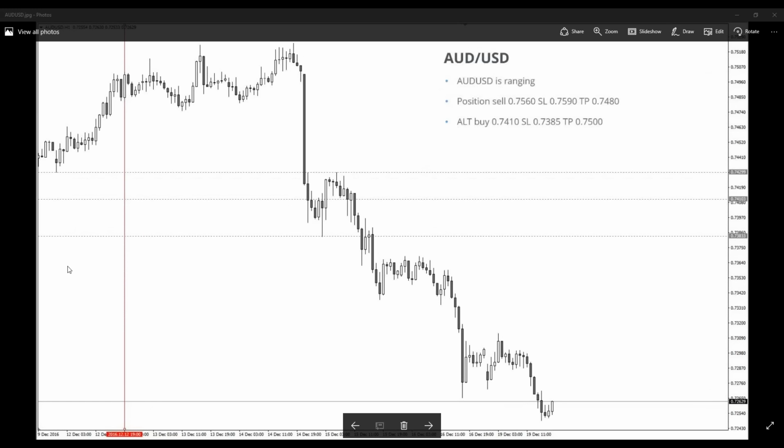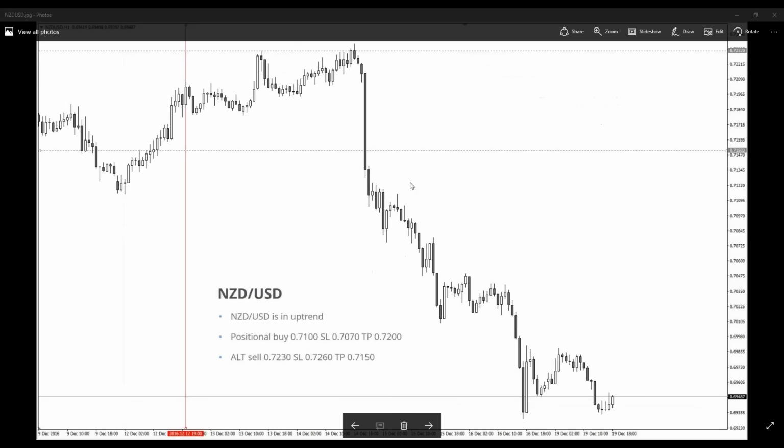Next successful trade which we had, New Zealand dollar, guys. New Zealand dollar was in an uptrend, but remember I told you that I would short it here, and I was waiting for that short because it was a very strong resistance zone.